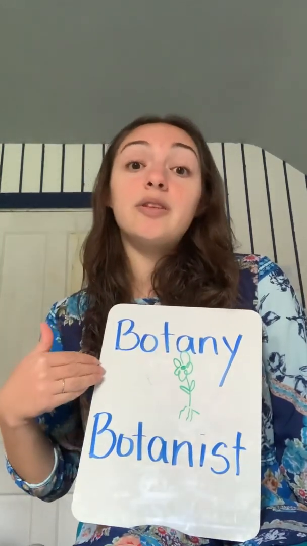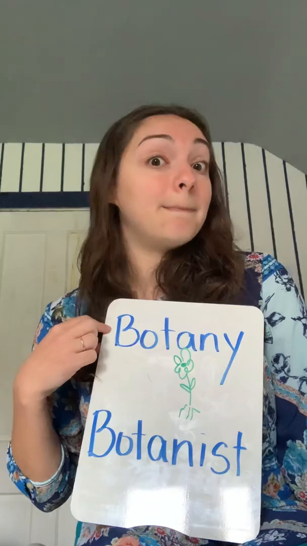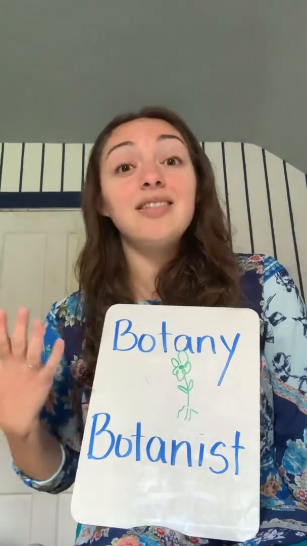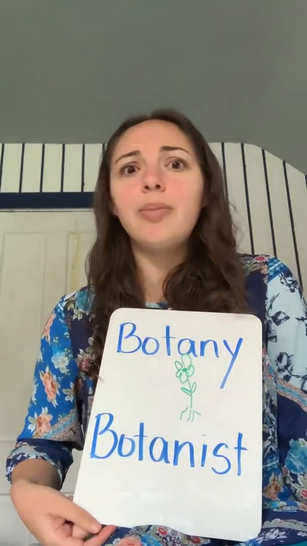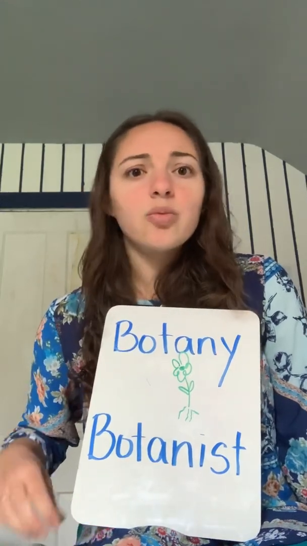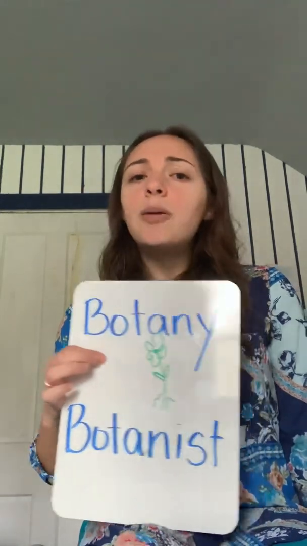So since we know the study of plants is called botany, and the people who study botany are botanists, that's something that you could do when you grow up. You could study plants and learn all about them, different kinds of plants, what they do, how to use them, what they're called.